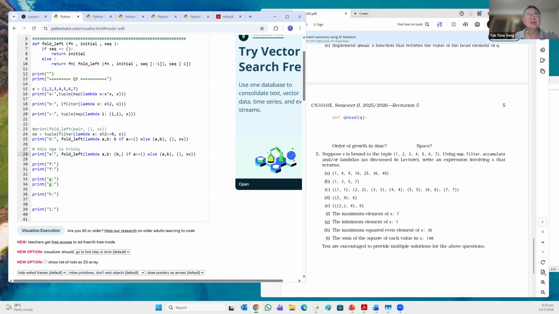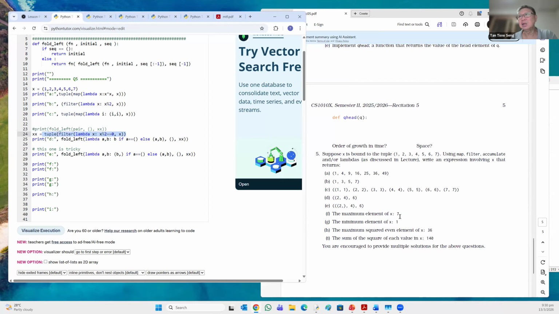I say this is tricky because if the first one you don't want it, you just remove it, and otherwise you have it. Again, my XX refers to this guy, my even number. Okay, that's my E.